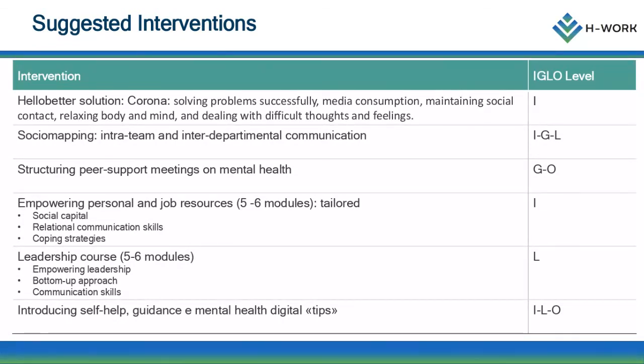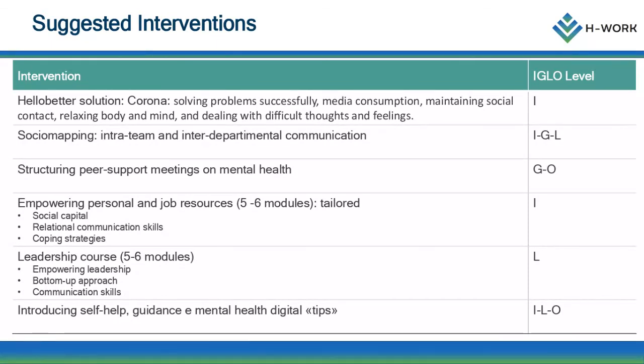At the group level, also targeting the individual and the leaders, they decided on an intervention called social mapping. On the next slide, I'll tell you a bit more about that, but it's basically a way of improving intra-team and interdepartmental communication. Then at the group and organizational level, structured peer support meetings on mental health, and empowering personal and job resources.